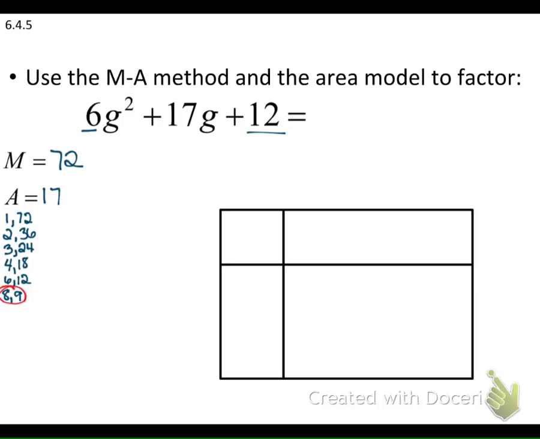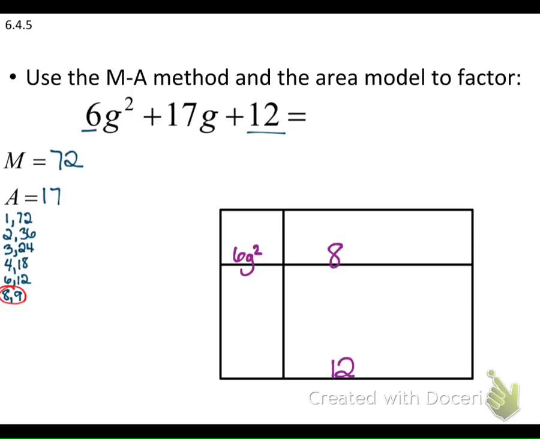Good job. Yes, amazing. Now, let's go ahead and let's plug in what we know. So we know that our area up here is 6g squared. For our bottom right rectangle, it's 12.